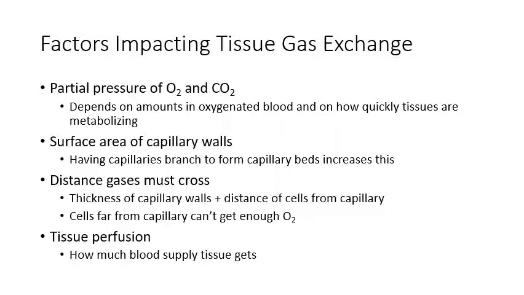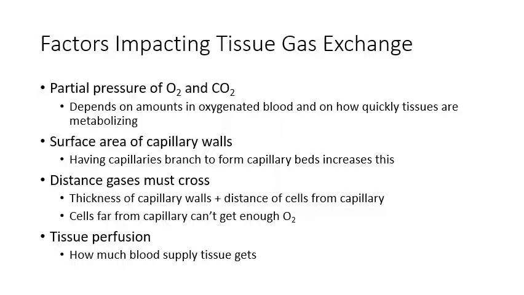So any cell that is too far from a capillary is just going to die. That's why you have dead cells at the top of your skin in large part, and that's why you have dead cells in the interior of your cartilage. Any tissue that's not receiving much blood is going to have cells that are too far from the capillary to get efficient gas exchange. So the bigger that distance is, the less gas exchange you have.